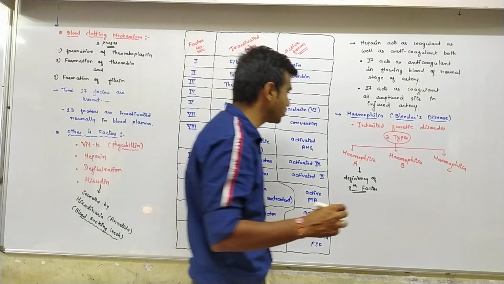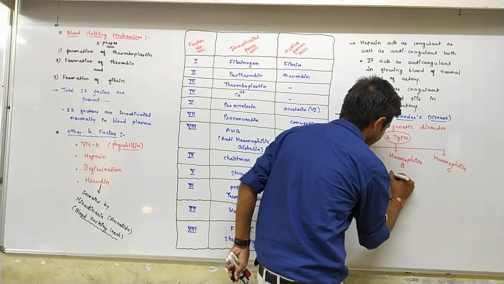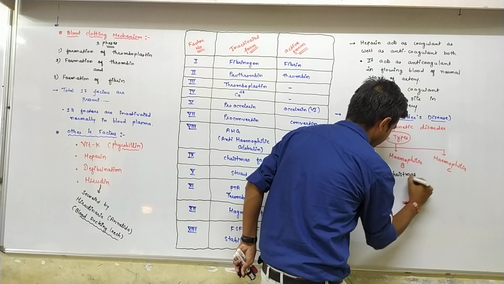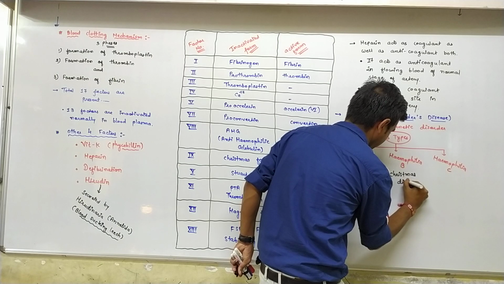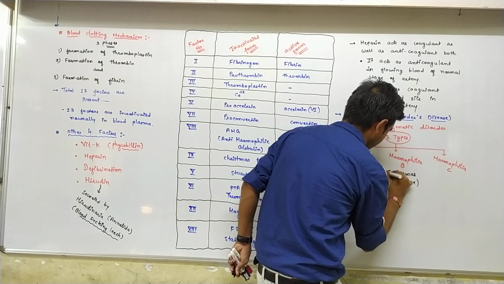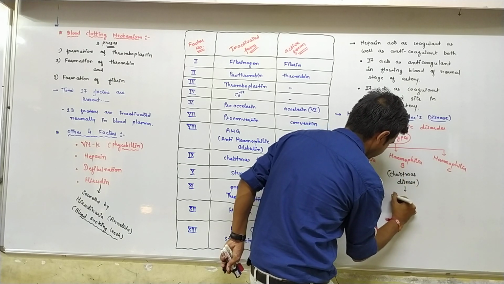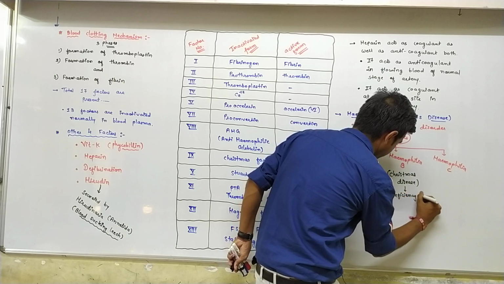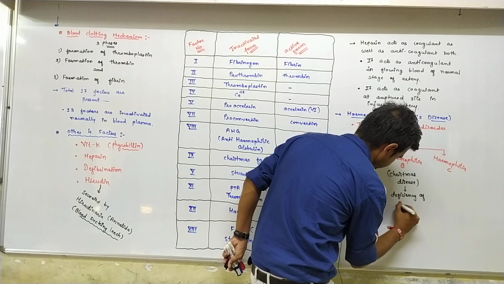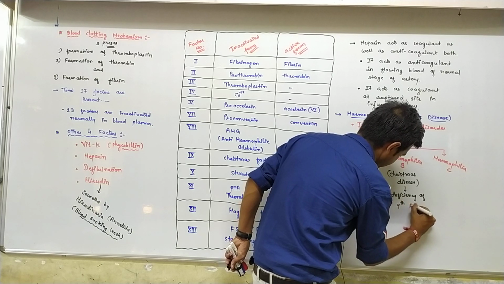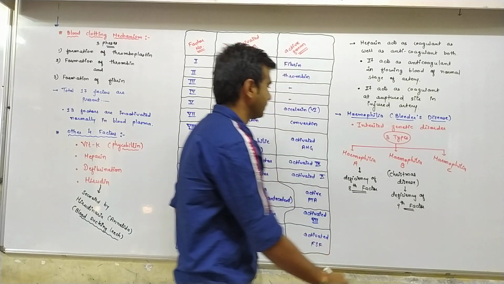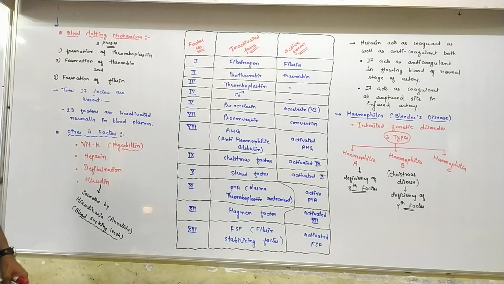Hemophilia B is also known as Christmas disease. So it is due to deficiency of the 9th factor.